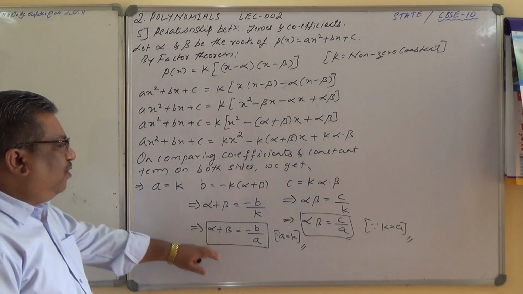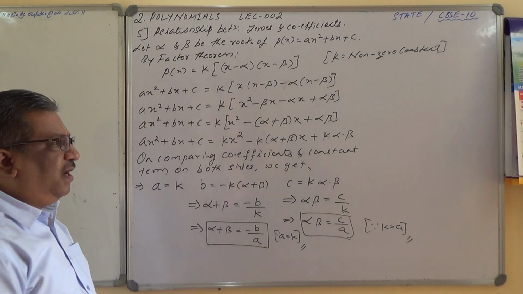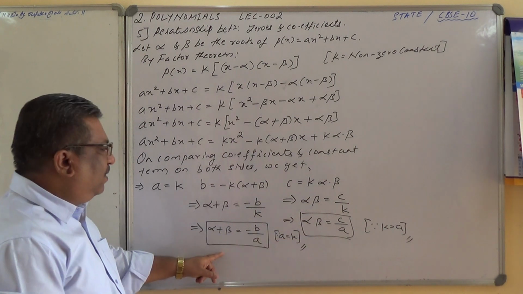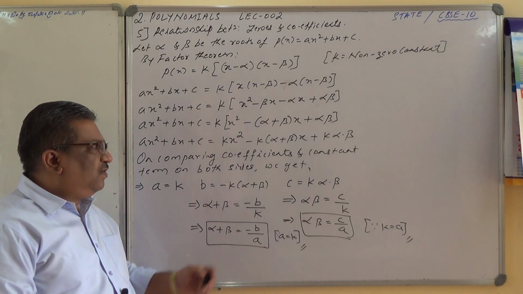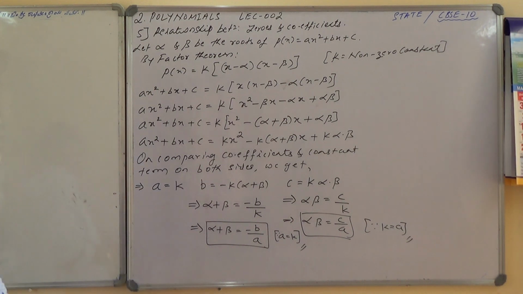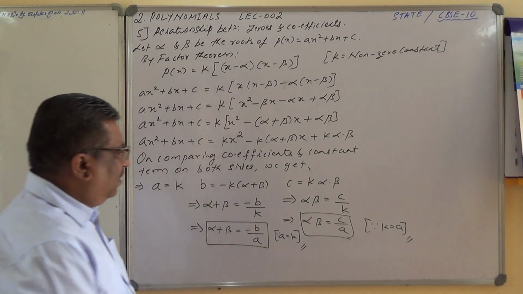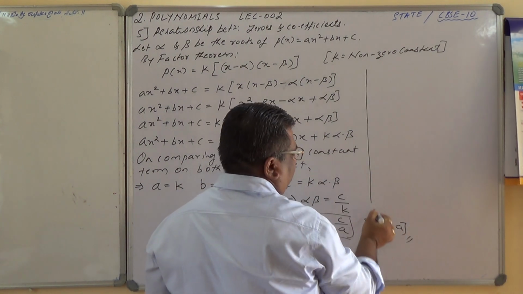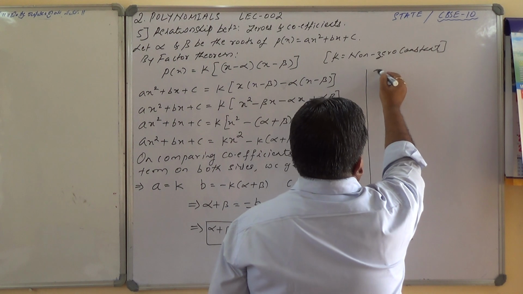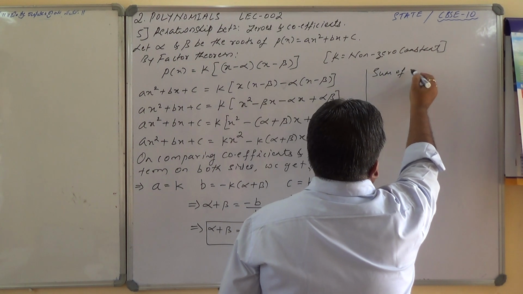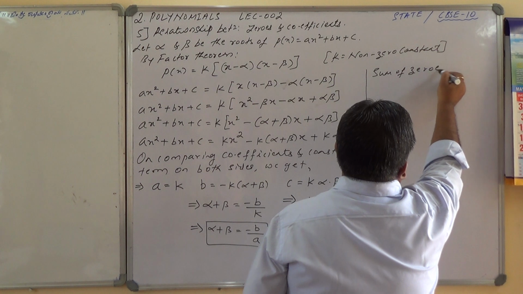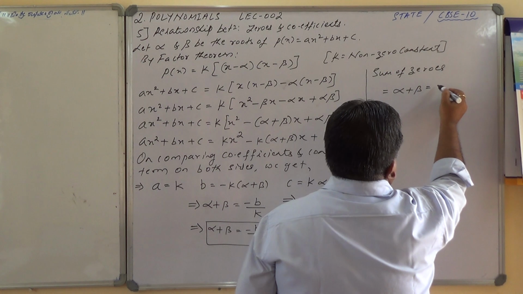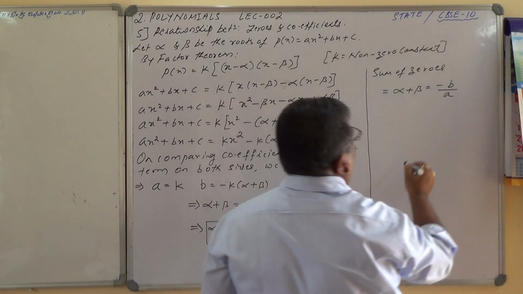So the two important relationships that I have established here are the sum of zeros and the product of zeros. So I think you can note it down. Finally, sum of zeros equals alpha plus beta equals minus b by a.